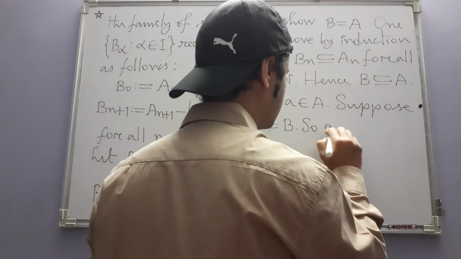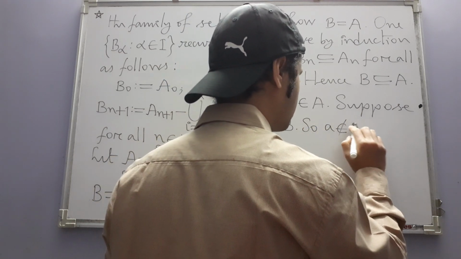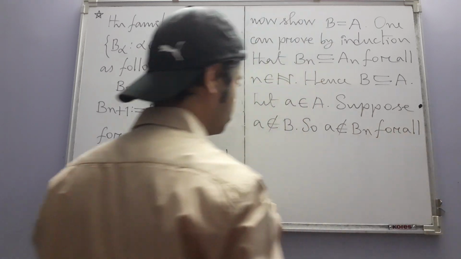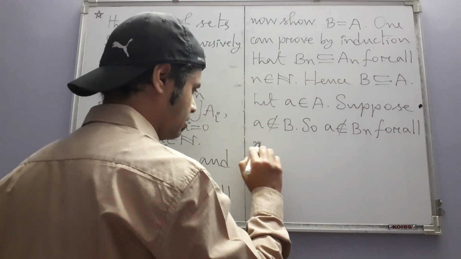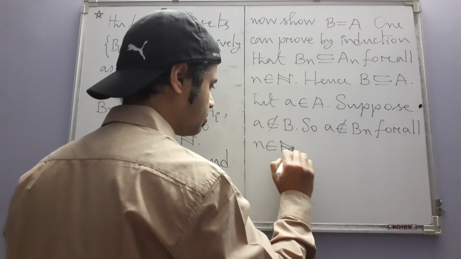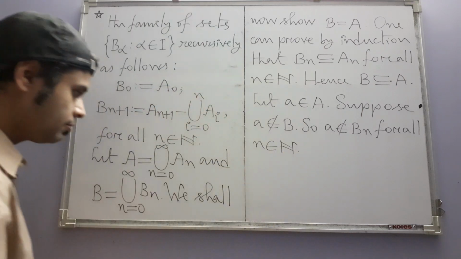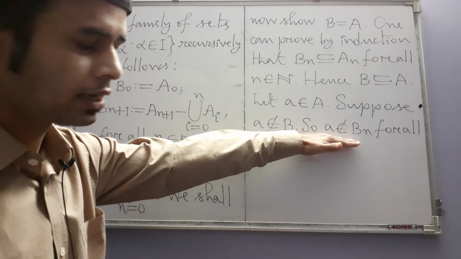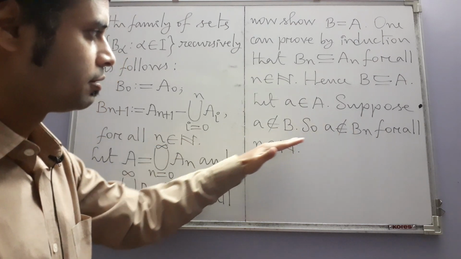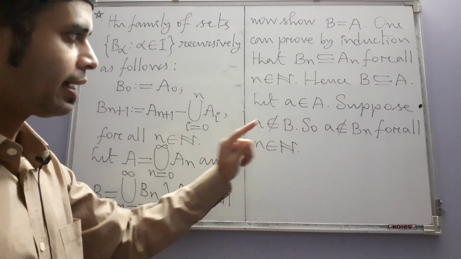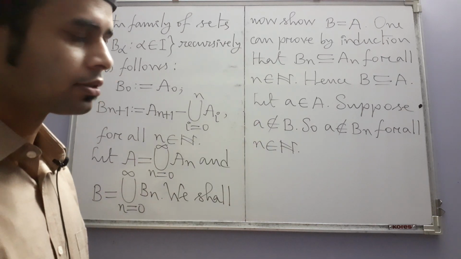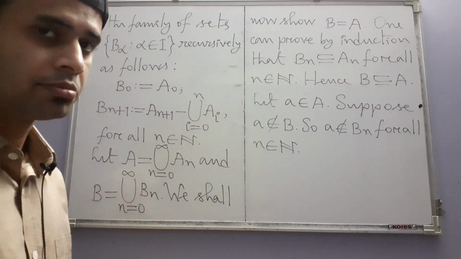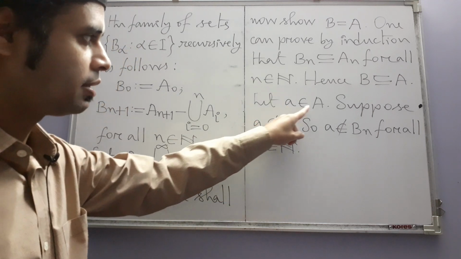So a does not belong to Bn for all natural numbers n. Now using this conclusion, we are going to show that a also does not belong to any An, which will be a contradiction because we have chosen a from A.